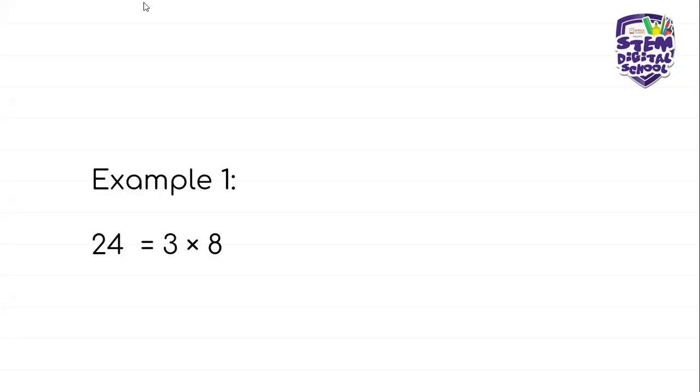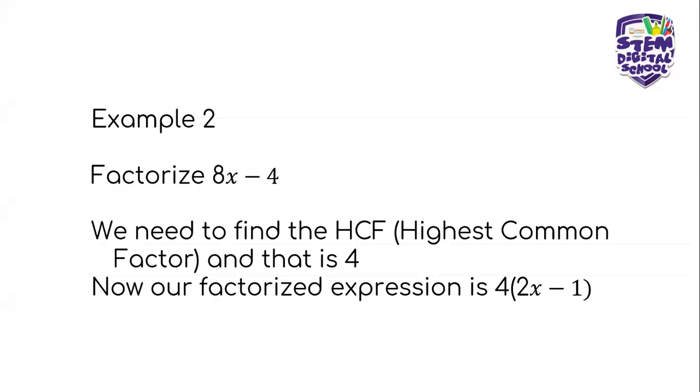We have to carry on now and deal with a wide range of factors in example 2. In this case, we need to factorize 8x minus 4, and we need to find the highest common factor. So very important, when you factorize, always consider the highest common factor.